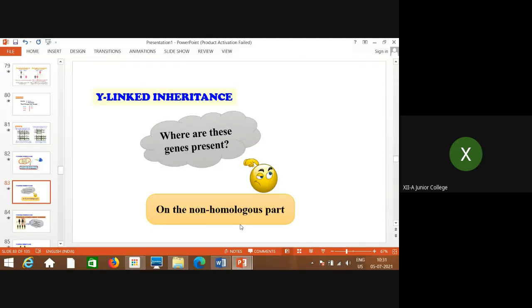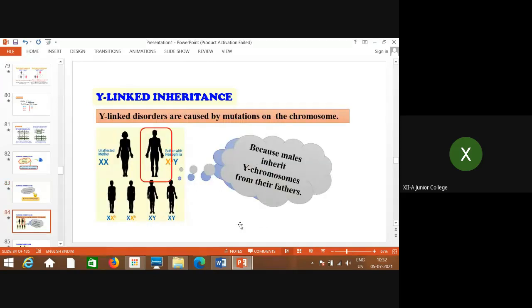So this Y-linked inheritance is related to the non-homologous part, which is not similar to that of the X chromosome. So obviously it will be passed from father to son only. Y-linked disorders are caused by mutations on the Y chromosome, because males inherit Y chromosomes from their fathers. So whatever gene is there in the non-homologous part of the Y chromosome is obviously transmitted to his son only.